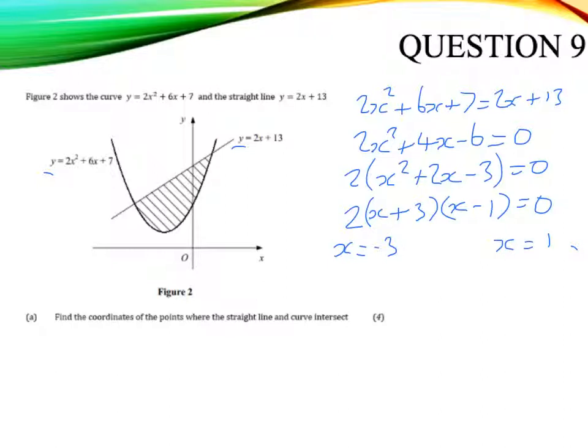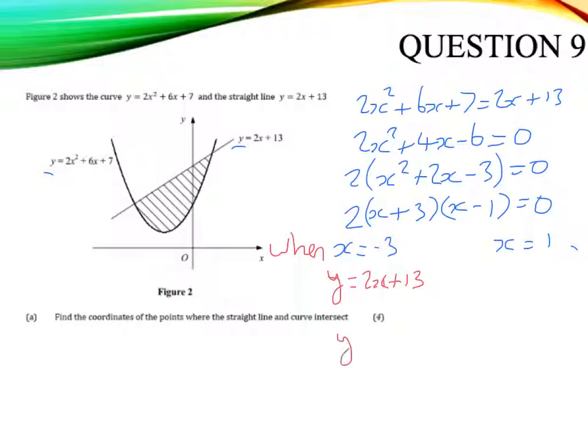Okay, so let's carry on working through. When x is minus 3, let's see what happens for y. So we had y equals 2x plus 13, and we can substitute it in for this.